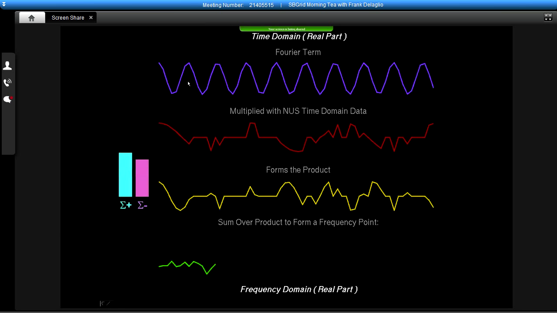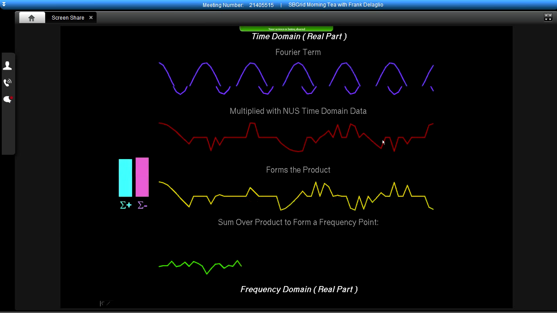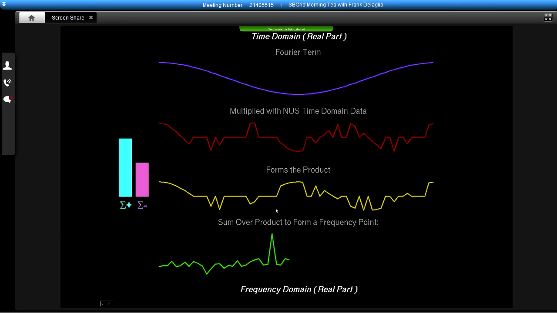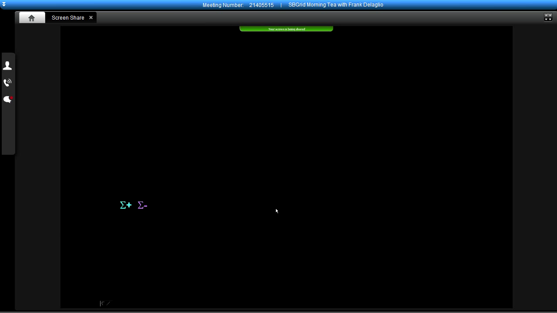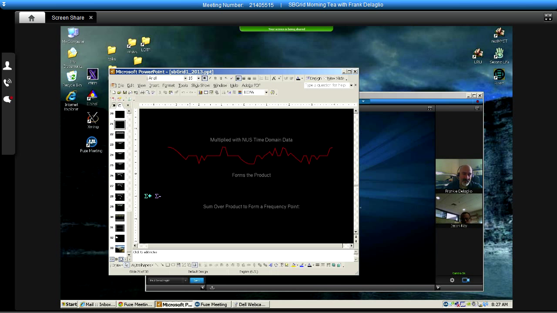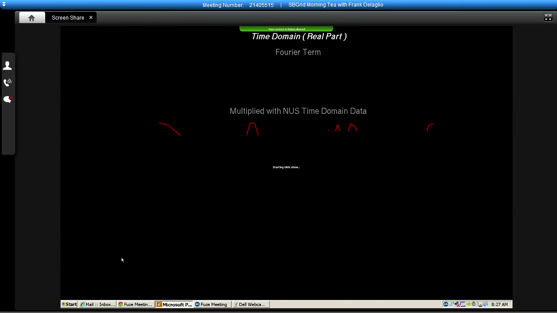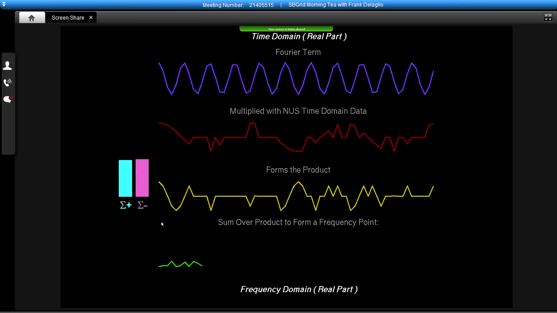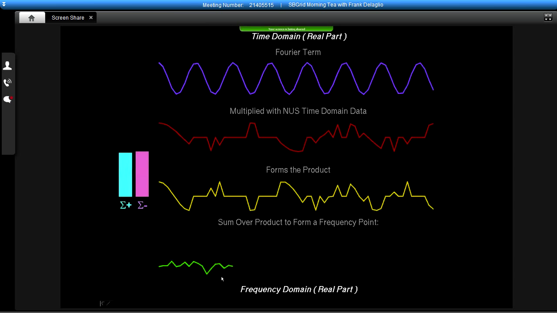So as I was saying, we multiply the Fourier term by our non-uniformly sampled data to form a product. But since points are missing from this product, we again don't have perfect cancellation between the positive and negative parts.